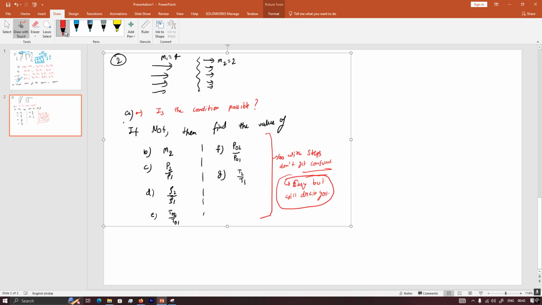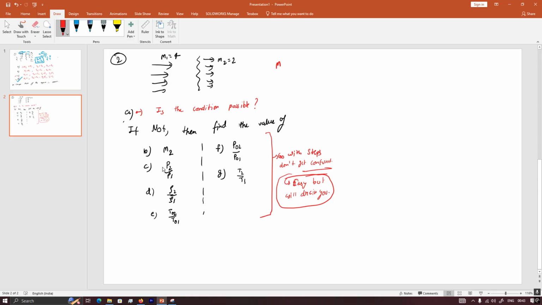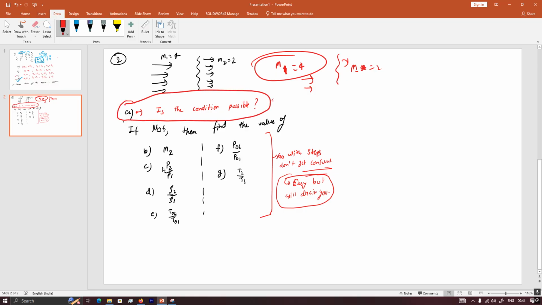In this question, what we are given is M1 is equal to 4, and there is a normal shock wave, and M2 is equal to 2 after the normal shock wave. The first question asks, is this condition possible?